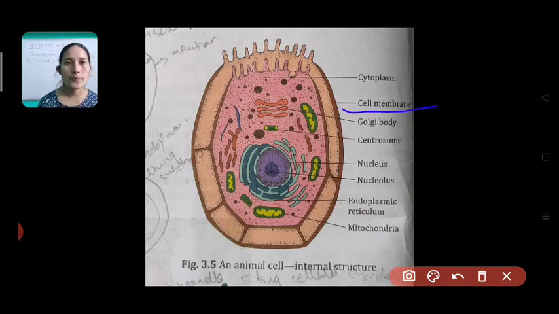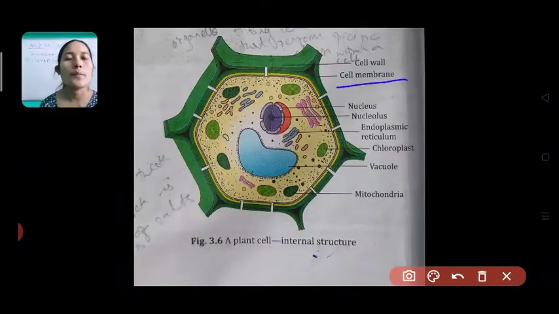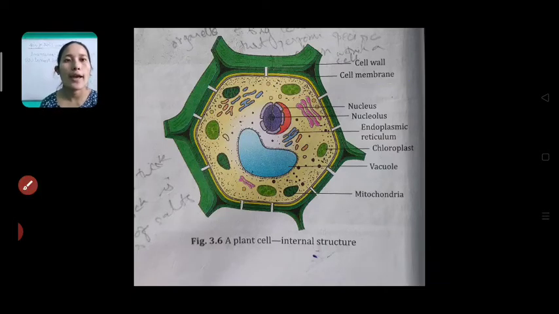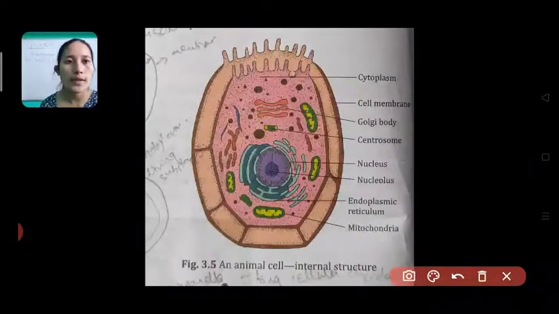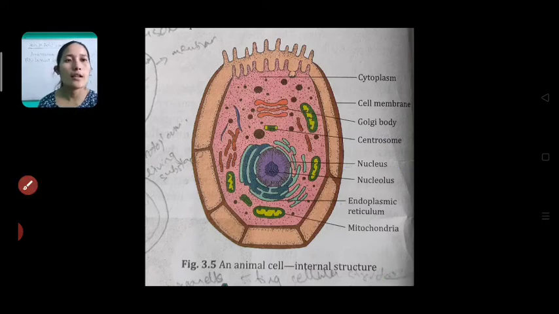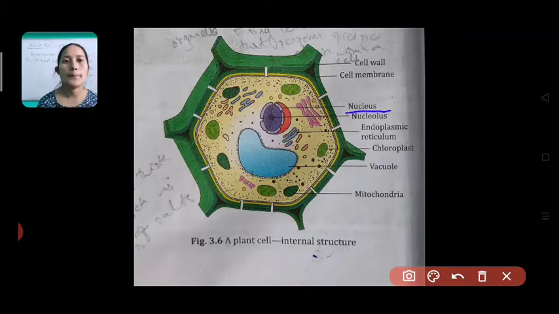Cell membrane is present in animal cell, and here you can see it is present in plant cell also. Then you have a centrally located, most of the time, nucleus in animal cell as well as in your plant cell.